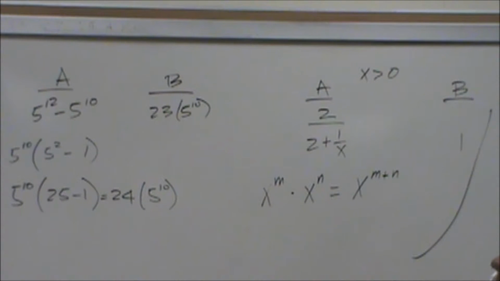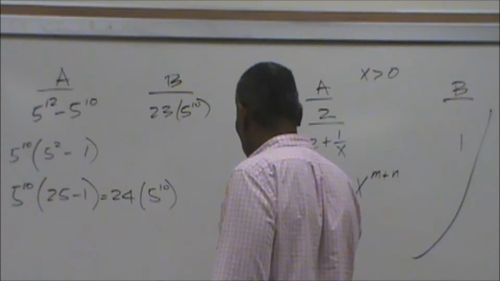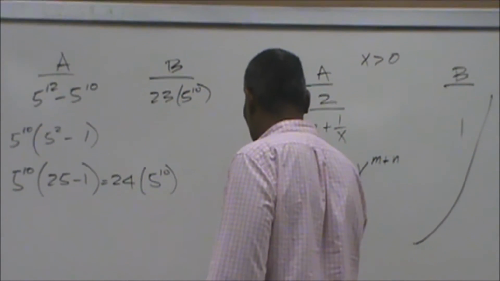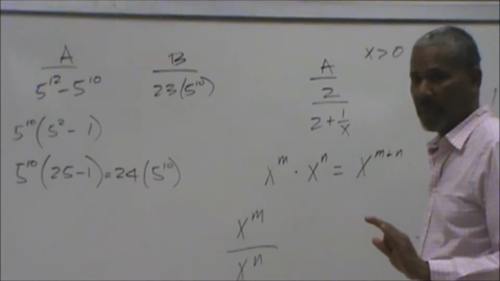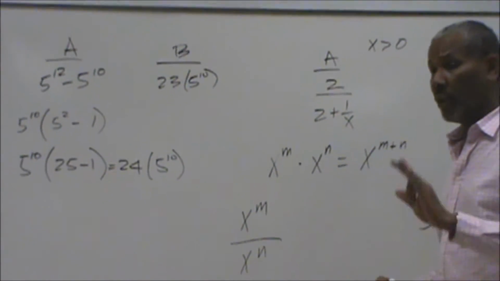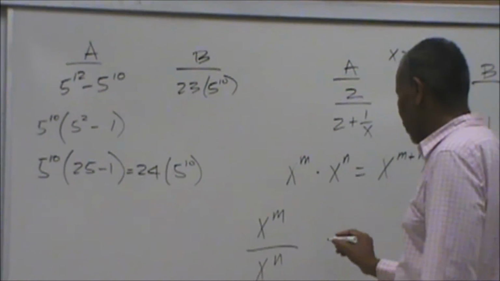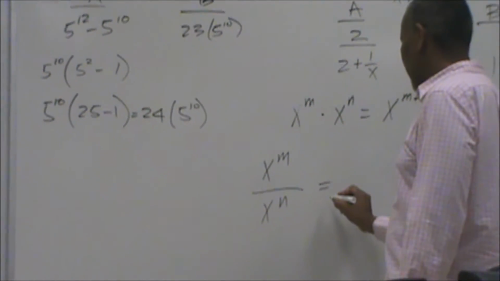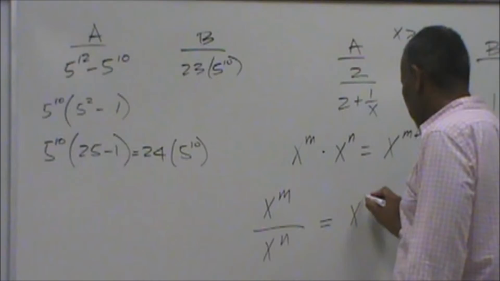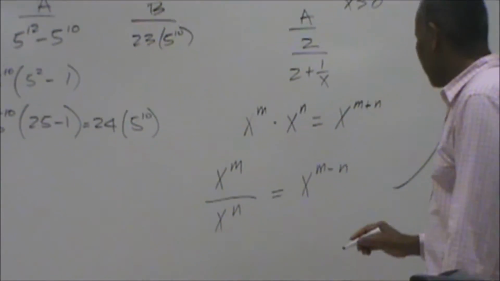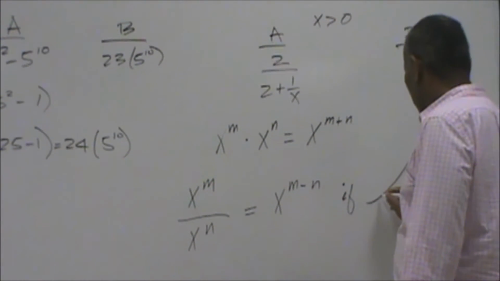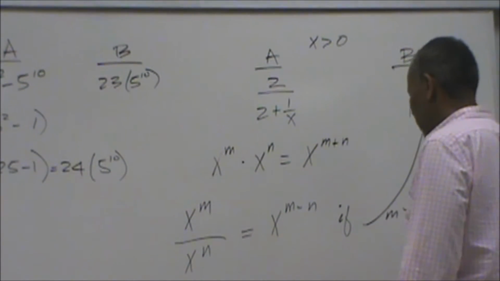What's the rule with dividing? For dividing, it's the same thing. If you have x to the m, and we did this before, divided by x to the n, only if m is greater than n, then the answer is going to equal x to the m minus n.